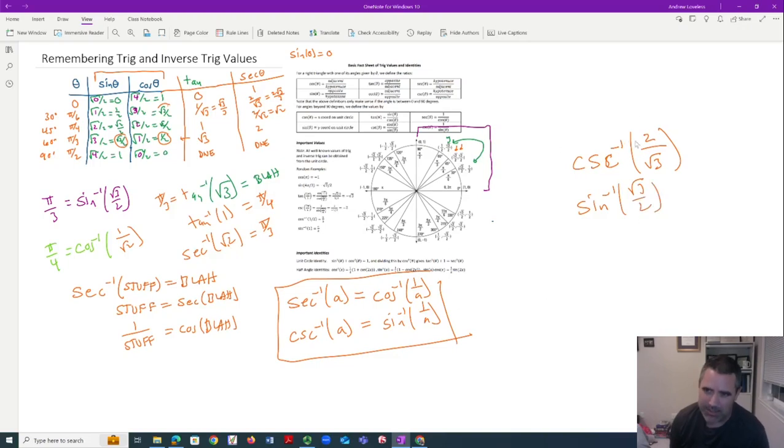Or you could take a second and say, when is sine of theta equal to root 3 over 2? There's another way to say this. Okay, I can't think of any other ways to say this. But basically you're looking for when sine is this, so it's pi over 3.